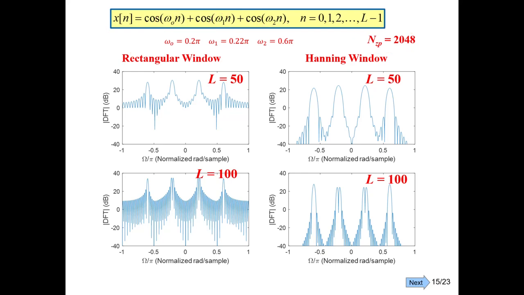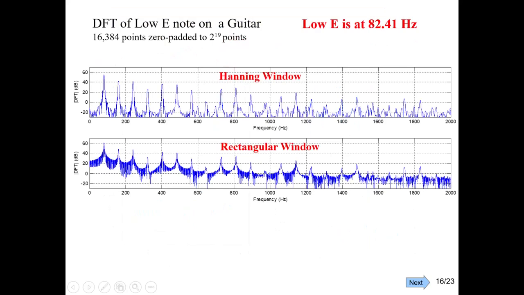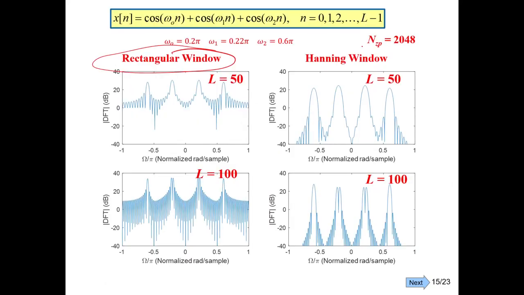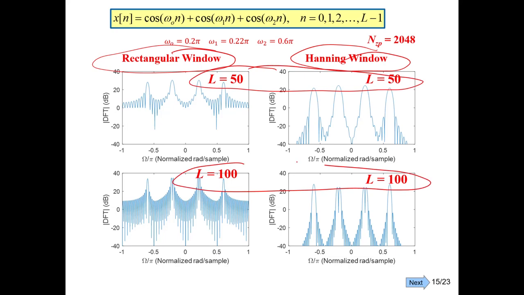So now we're looking at two scenarios: rectangular window and Hann window, all with zero padding out to 2048 samples. I'm not showing the code, but you should be able to figure out how to do this. And two different collection sizes. Earlier I was using capital N. Proakis and Manolakis use L here.